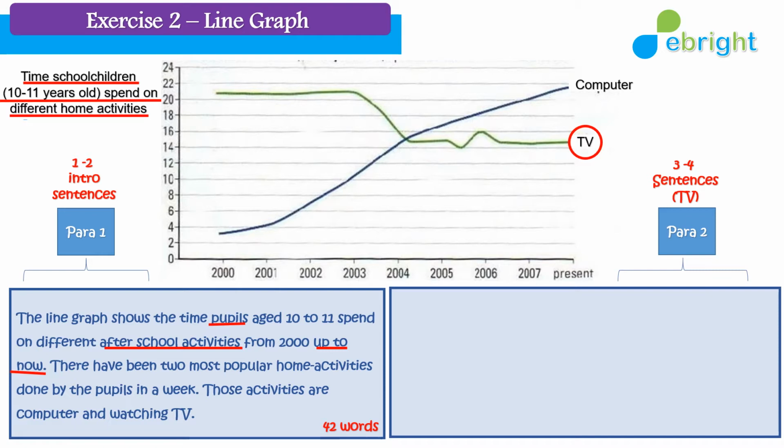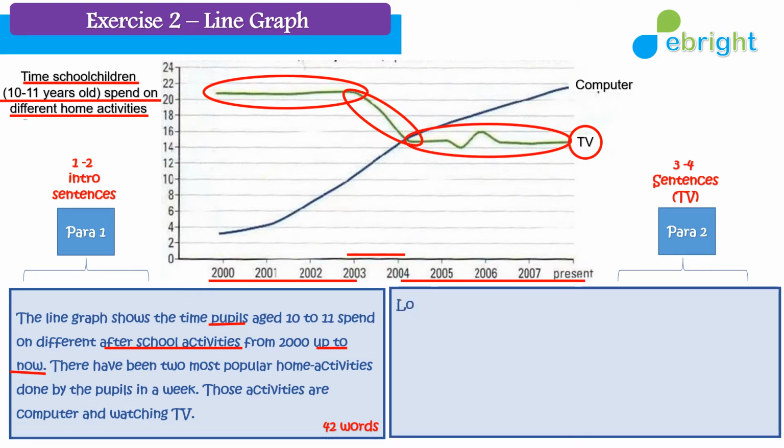So before we write, let's divide our sentences in this first paragraph into 3 different sentences. So from 2000 until 2003, it's the same over there. And then you've got a decrease between 2003 to 2004. And then you've got a steady level, but you've got some up and down around 2004 until present, and the up and down from 2005 to 2006 for the TV category.